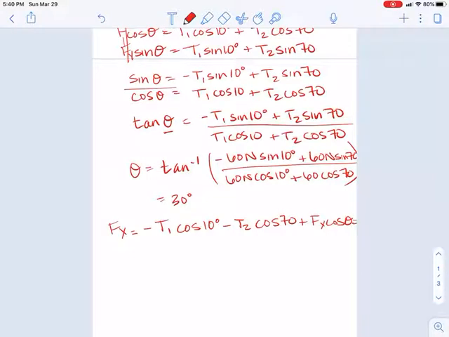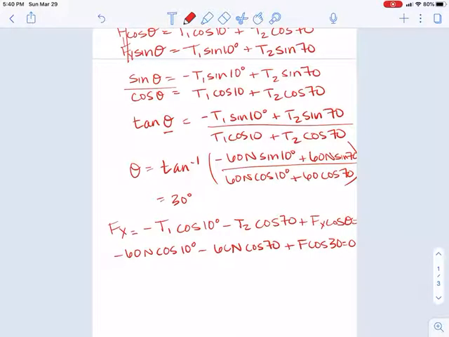So we've got negative 60 newtons cosine 10 degrees minus 60 newtons cosine 70 plus force cosine 30 is equal to 0.